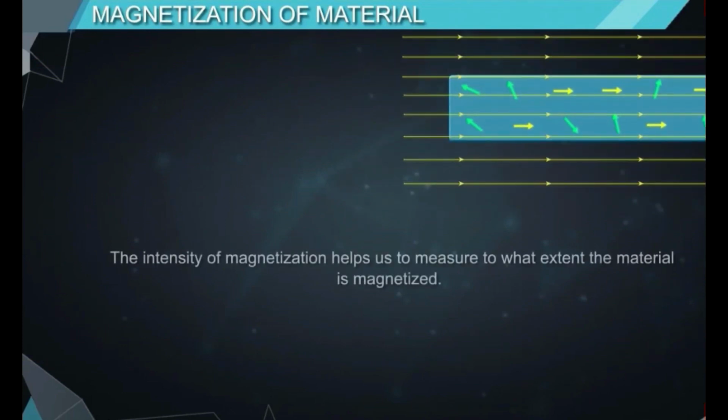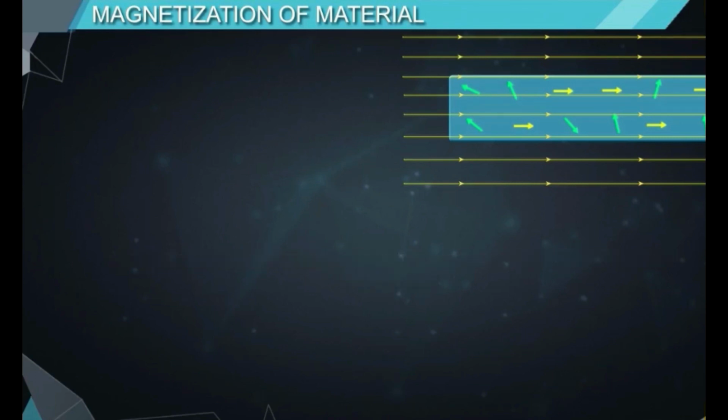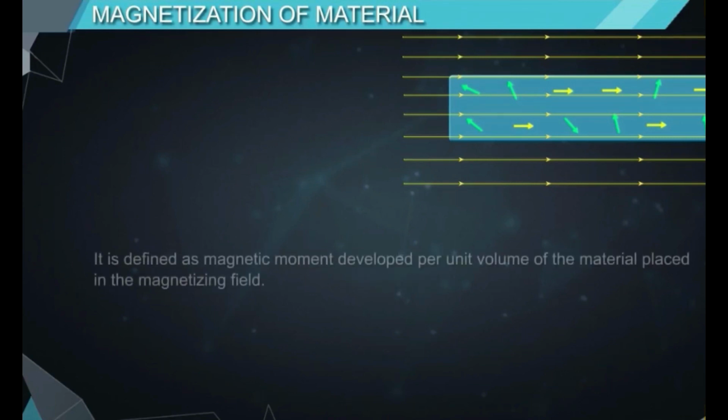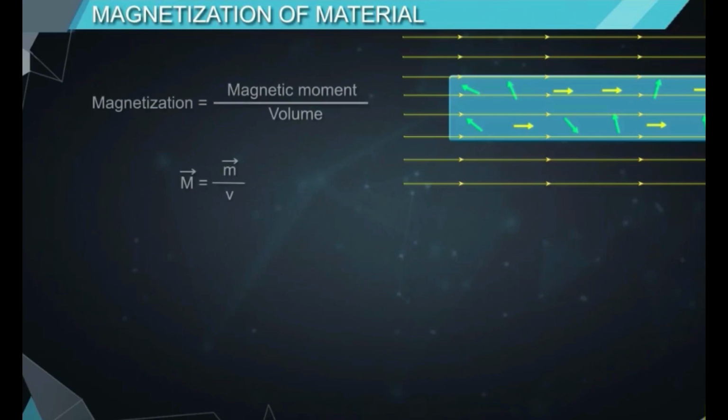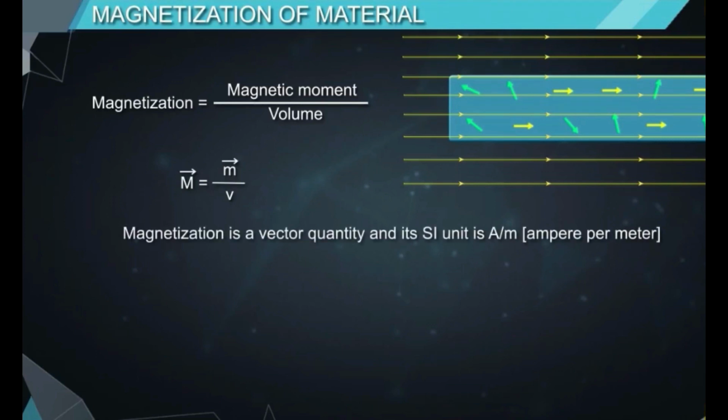The intensity of magnetization helps us to measure to what extent the material is magnetized. It is defined as the magnetic moment developed per unit volume of the material placed in the magnetizing field. Magnetization is equal to magnetic moment by volume. Magnetization is a vector quantity and its SI unit is ampere per meter.